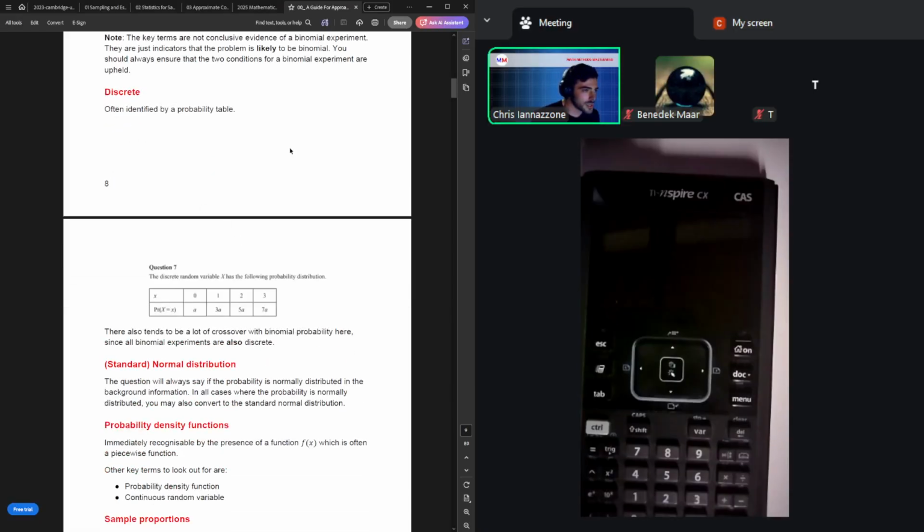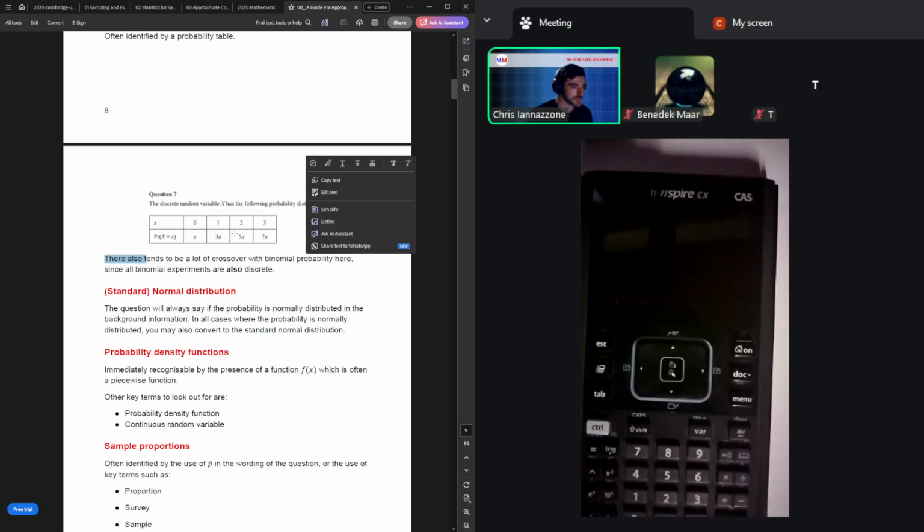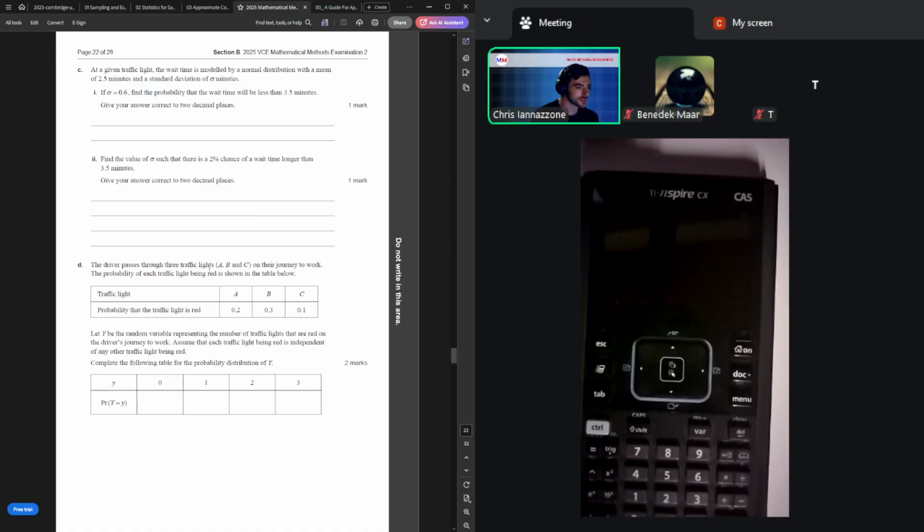Next up, discrete. How do you identify discrete? Well, there's going to be a big table. When I had to scroll through here, I saw this thing, that's discrete. You've got outcomes A, B, C, the relative probabilities of each of those, and here's another table for you to complete a probability distribution. Now, binomial is a subset of discrete, so it might very well be the case that you can still calculate this binomially, especially since I'm now looking at it a bit harder and seeing independent.